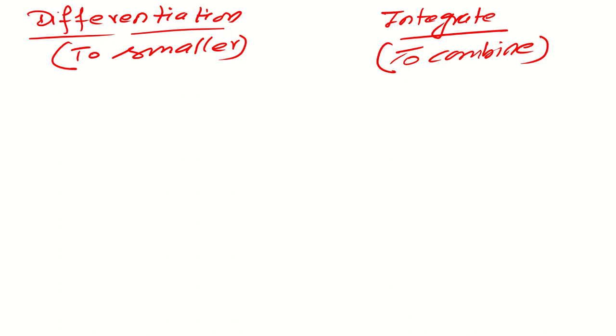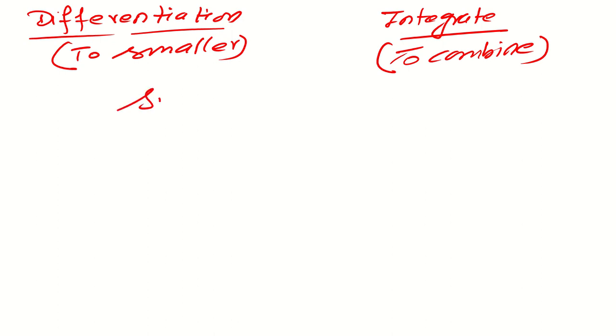So we can say that differentiation and integration are the reverse process of each other. They are opposite processes. If they are opposite processes, then why do we say that integration is a little more difficult than differentiation? Yes, it is in fact. Why? Because we can differentiate any function.